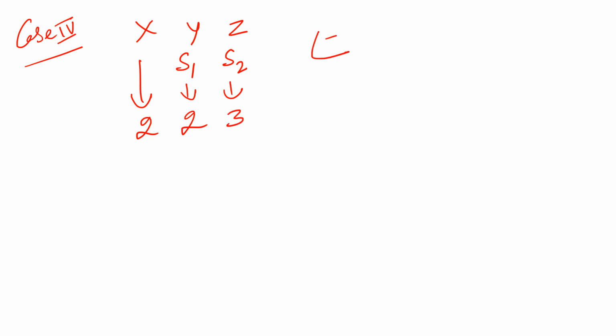So that means it can be done in 7 factorial upon 2 factorial into 2 factorial into 3 factorial. Fine. Now students, again be careful not to divide this value by 2 factorial again, because that is going to be a wrong step. Now when you do the calculations, this value comes as 210.